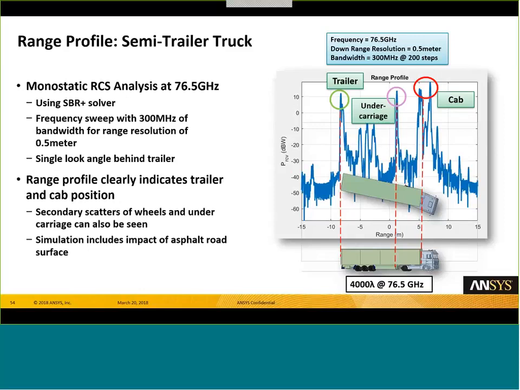And you can clearly identify the major features, and you can gain insight into some of the secondary things that are happening with the multipath interactions taking place between the asphalt surface and the undercarriage and substructure of the trailer there. So it really gives an interesting and valuable tool to be able to understand some of those complex features that might not be very intuitive.